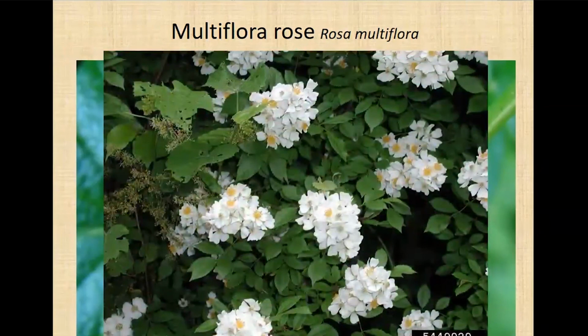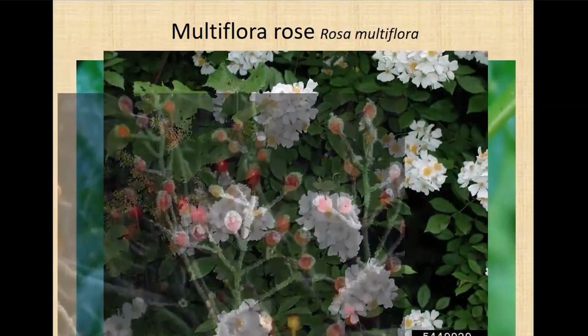Multiflora rose, as its name says, produces lots of flowers. They're typically white but can be pinkish and borne in clusters. Oftentimes our native roses will have more solitary or smaller numbers of clustered flowers. The flowers themselves can be a little larger and typically more of a pink to almost a red color.